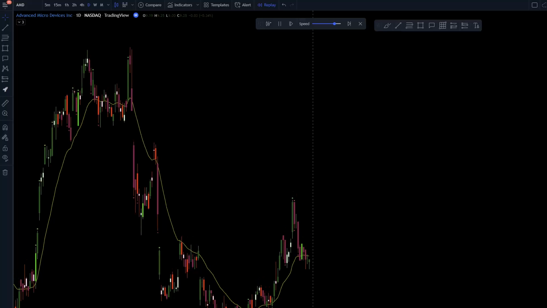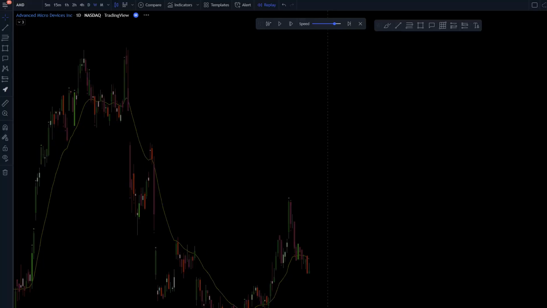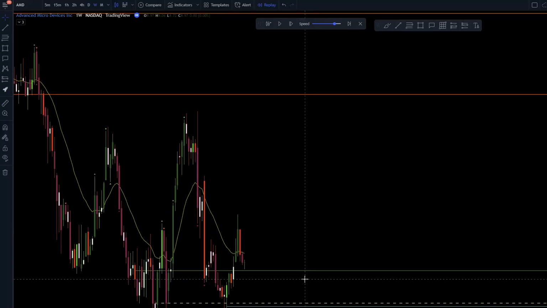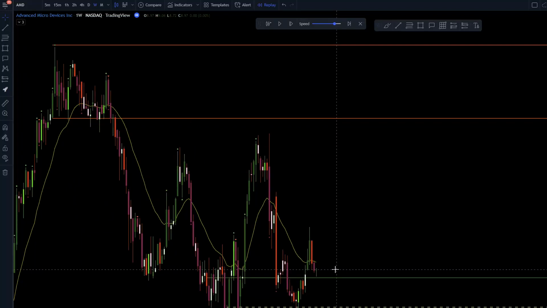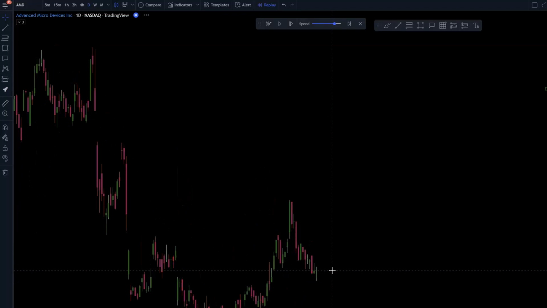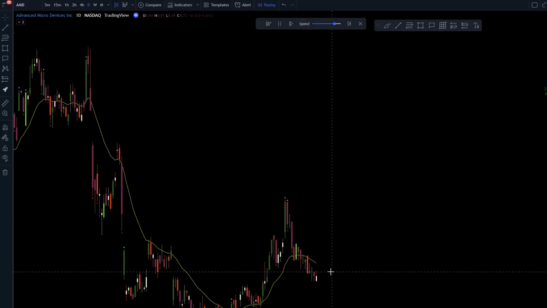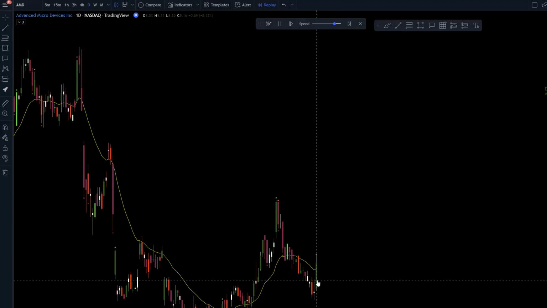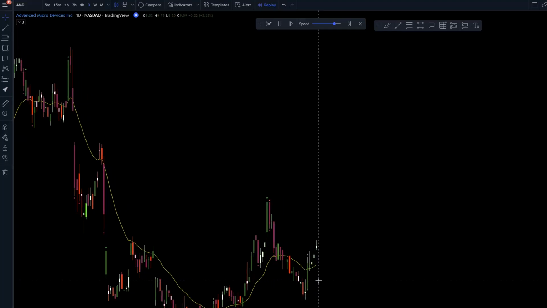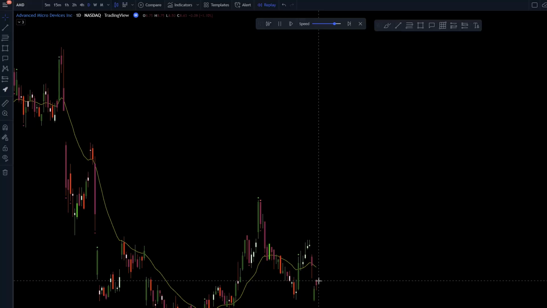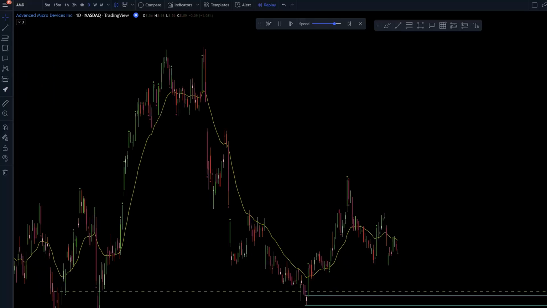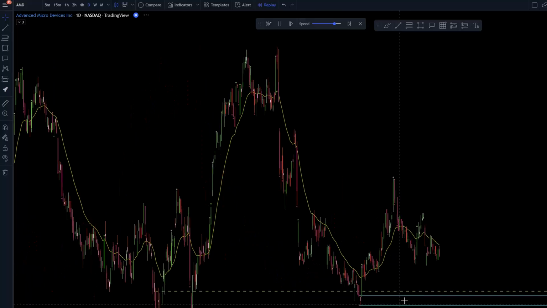This is a risky one. Let's see. I'm most likely not taking this trade. It could work out, but risky one.